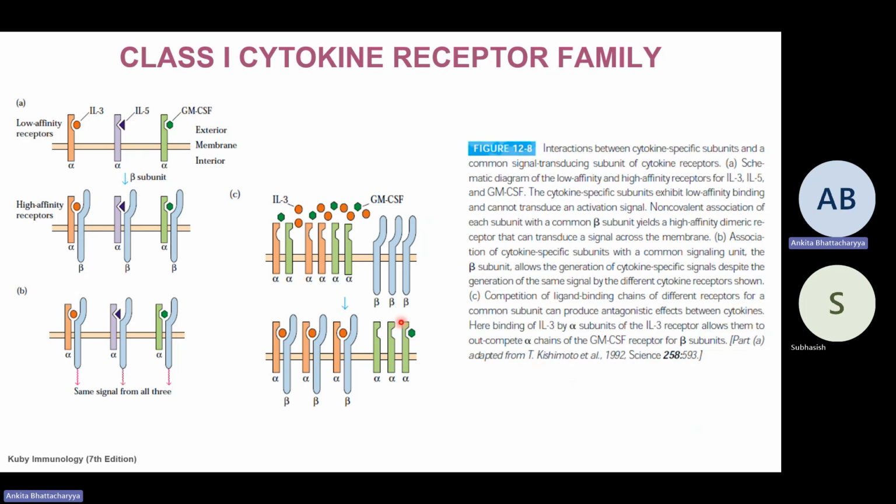Let's go to the legend, for example: the binding of IL-3 by alpha subunits of the IL-3 receptors is allowing them to outcompete the alpha chains of the GM-CSF receptor for beta subunits. As a result, to some extent, there can be an antagonistic effect that can be observed here.